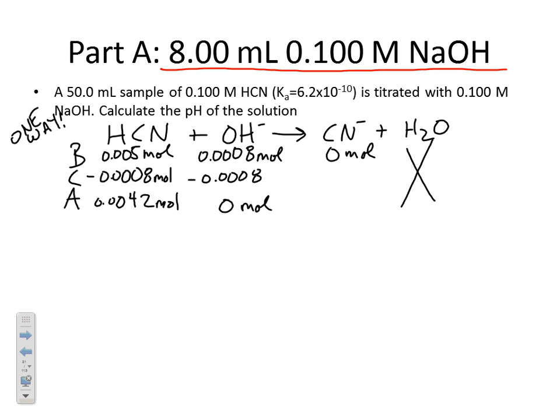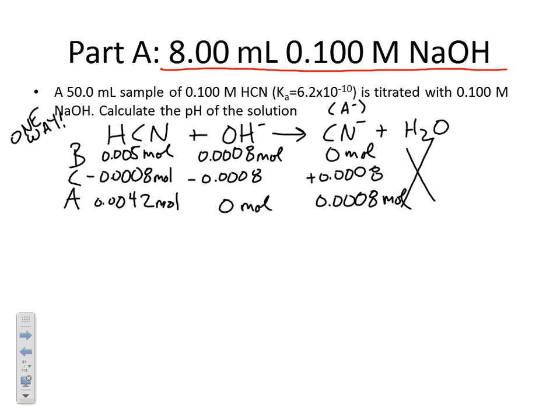But again, the cyanide ion does in fact influence pH, so you have to fill out a change column for that as well, because remember, this is before the equivalence point, so it's before moles of HCN are equal to moles of OH minus. You have both HA and A minus in your flask. Well, this is your A minus, right here, and so this is showing the generation of the A minus.